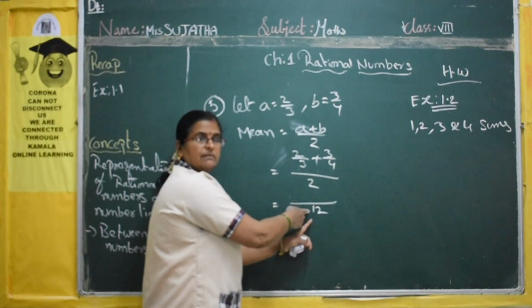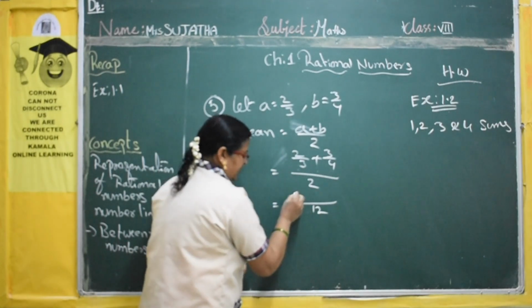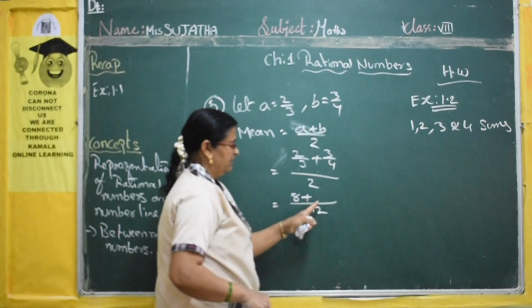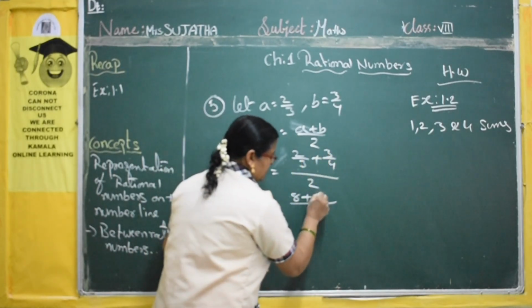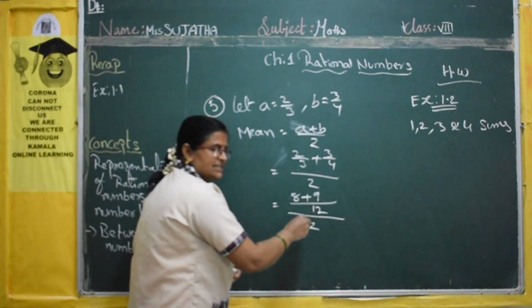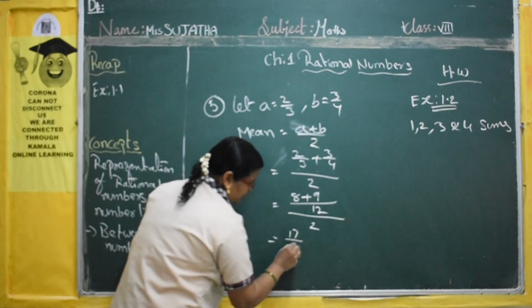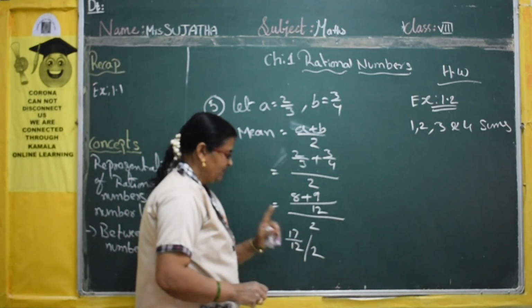In the 3 table, how many times will 12 come? 4 times. 4 2s are 8. Plus, in the 4 table, how many times will 12 come? 3 times. 3 3s are 9, by 2. Now 8 plus 9 is 17. 17 by 12 by 2.